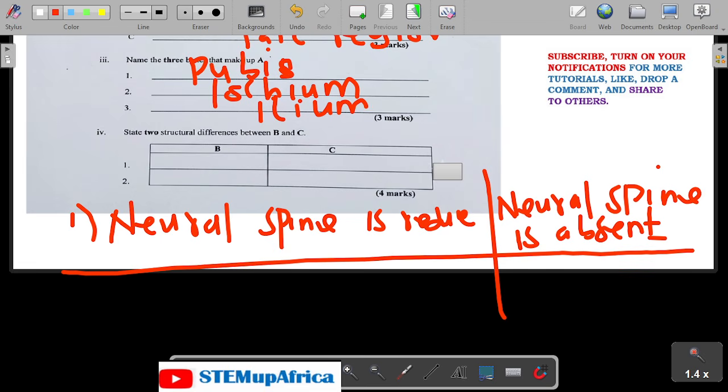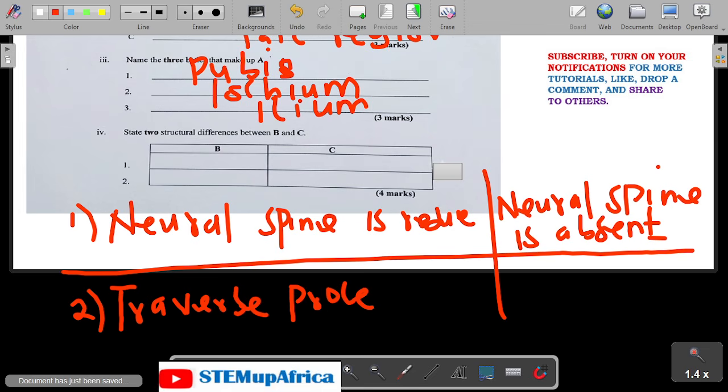Then the second one, for specimen B, the transverse process is wing-like.